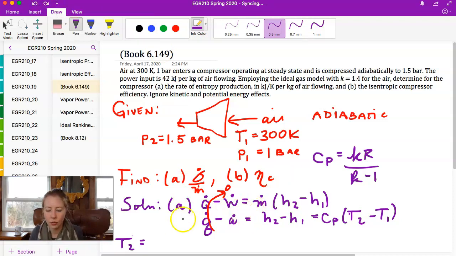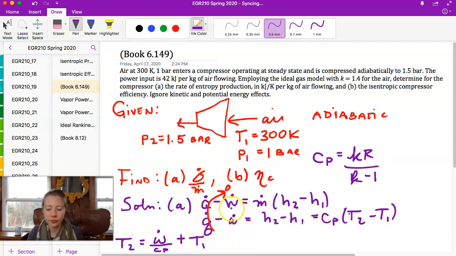T2 is going to equal W in over Cp plus T1.